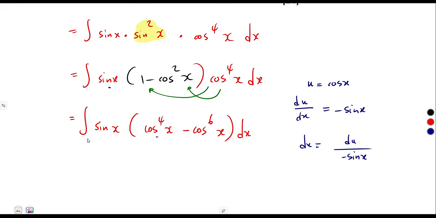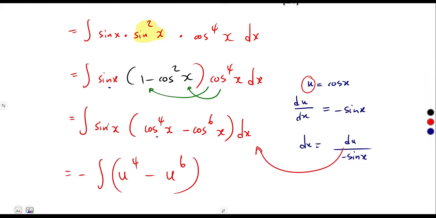So substituting that here, it was definitely going to cancel the negative sine x, and you take the negative out of the integral. So you are left with u to the exponent of 4 minus u to the exponent of 6 with respect to u as we are substituting.